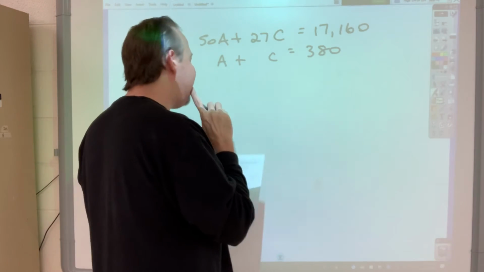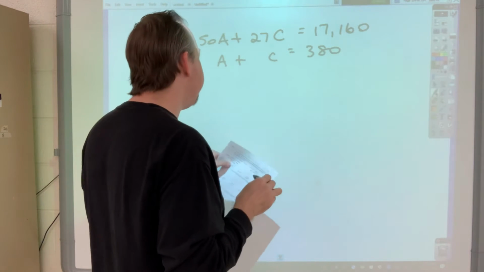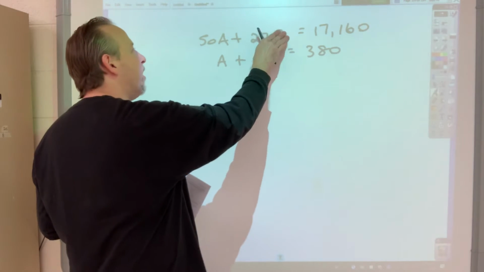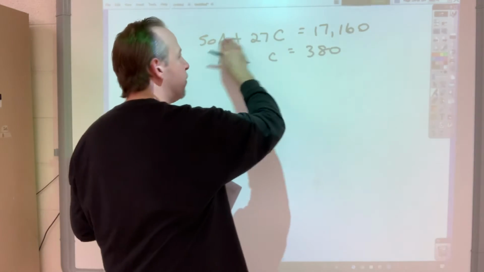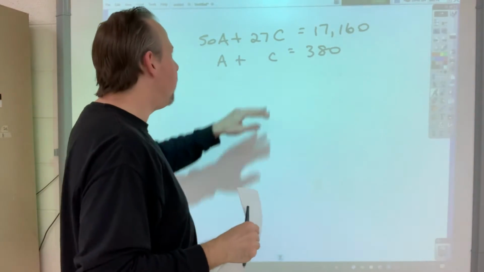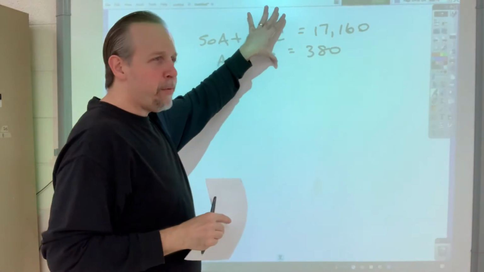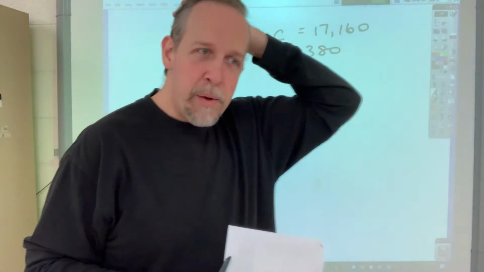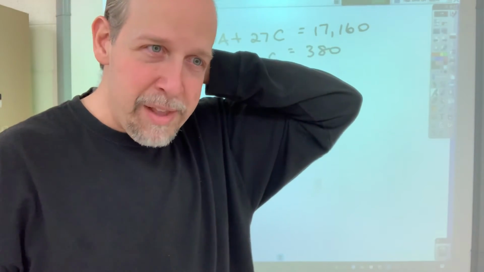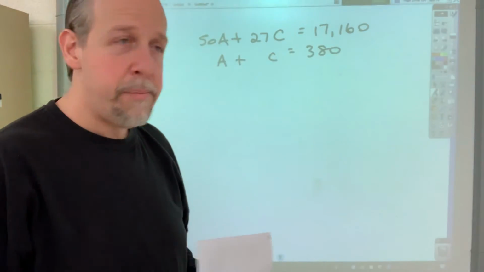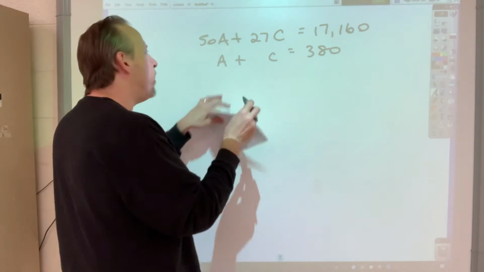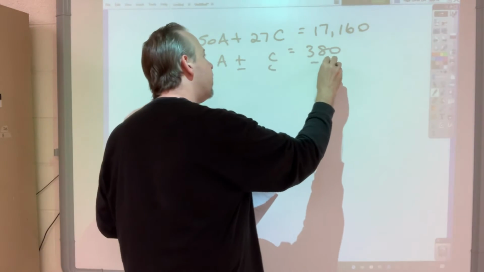So if I want C to be the variable I keep in the problem, just explaining this a little bit slower, then I have to find a way to replace the letter A. That's why I'm going to subtract C from both sides.